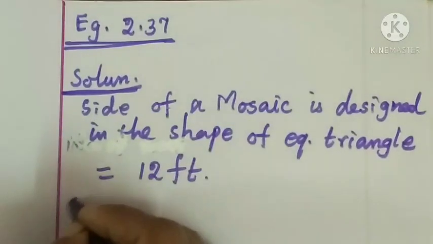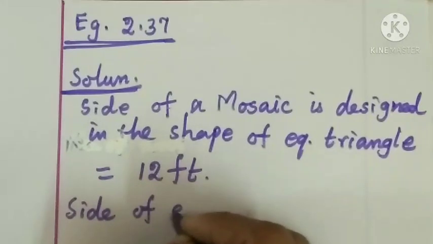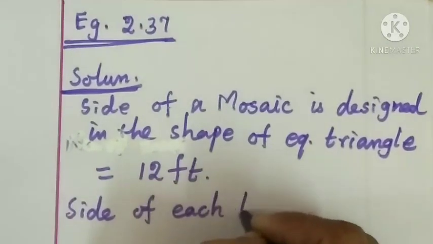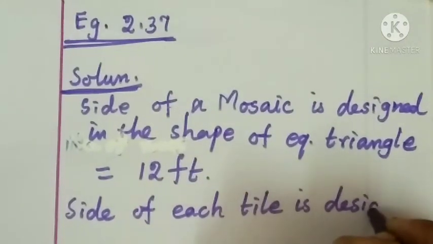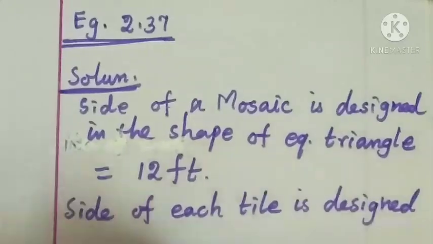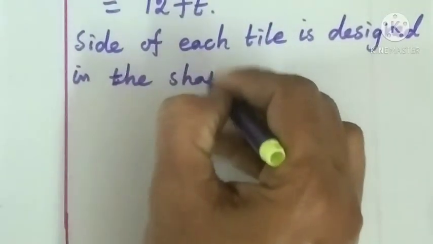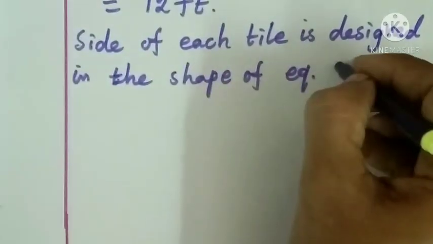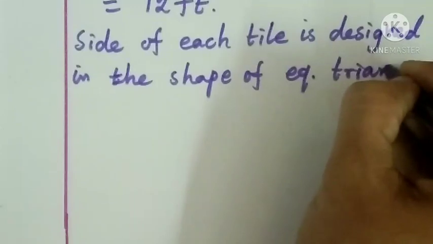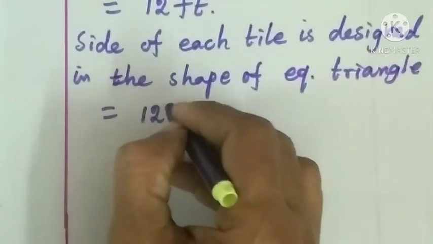The next given, side of each tile designed in the shape of equilateral triangle is equal to 12 inches.